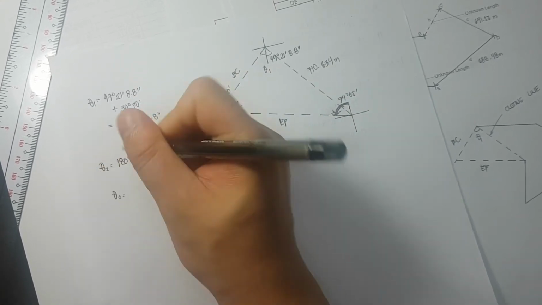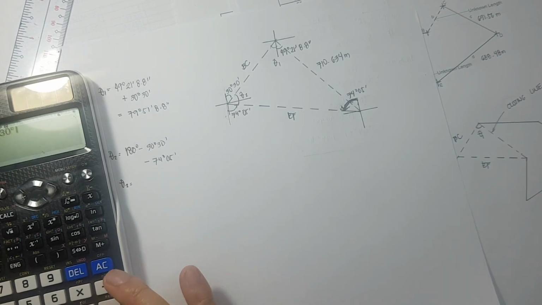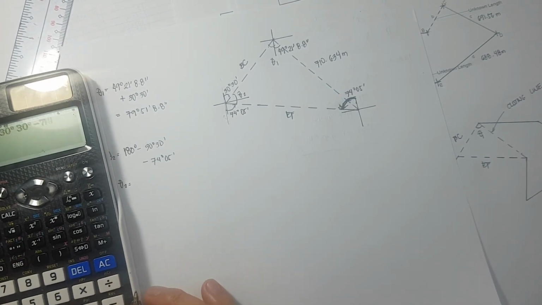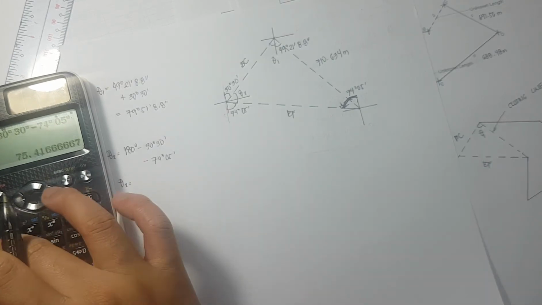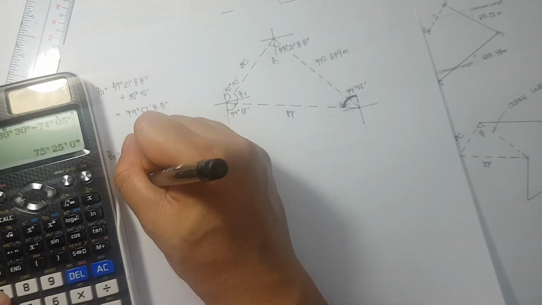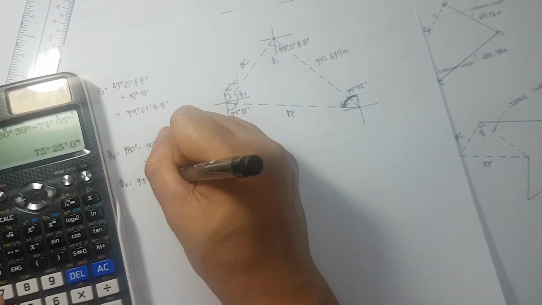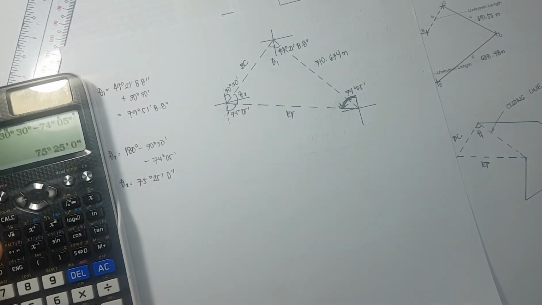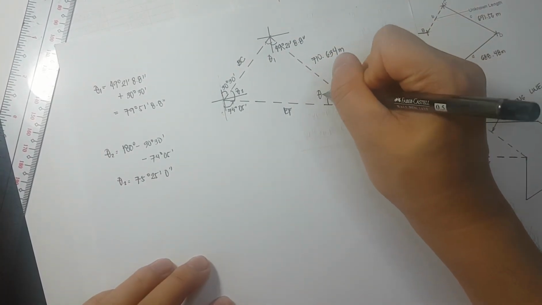Therefore, the interior angle for theta 2 is equivalent to 75 degrees, 25 minutes, and 0 seconds. Okay? And here we have theta 3.